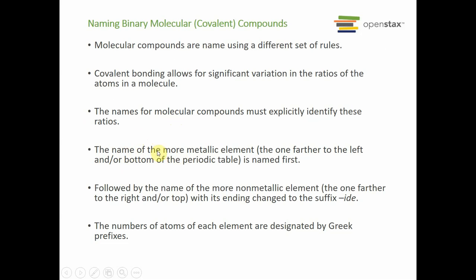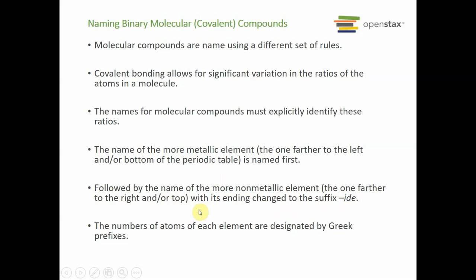The name of the more metallic element, the one farthest to the left and bottom of the periodic table, is named first. So, like the metals first, sodium or whatever. But in the case of carbon, whatever. Followed by the name of the more non-metallic element, the one farther to the right or top, with its ending changed in the suffix to -ide.